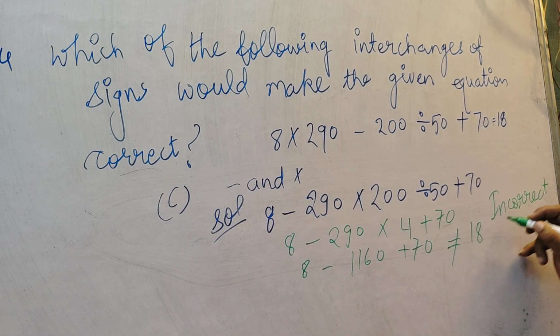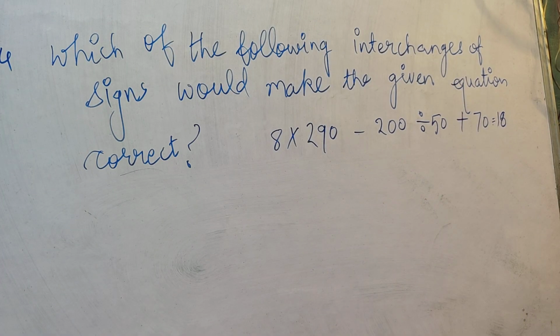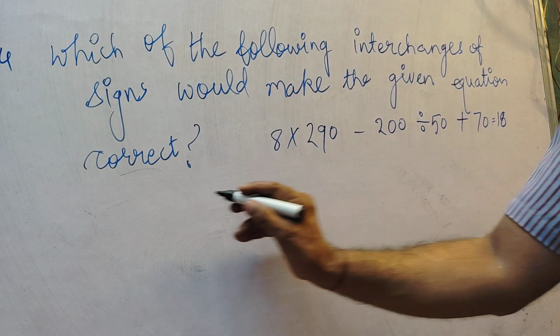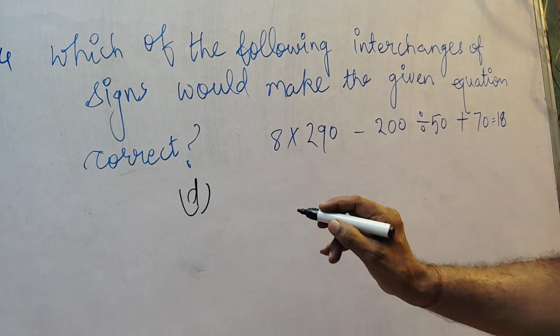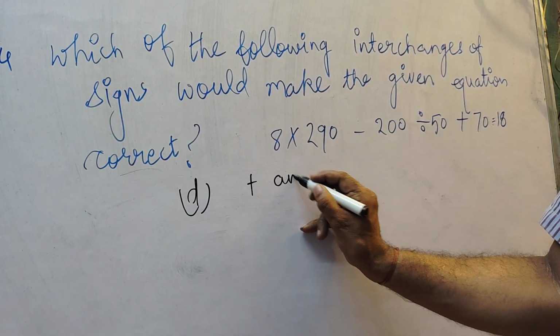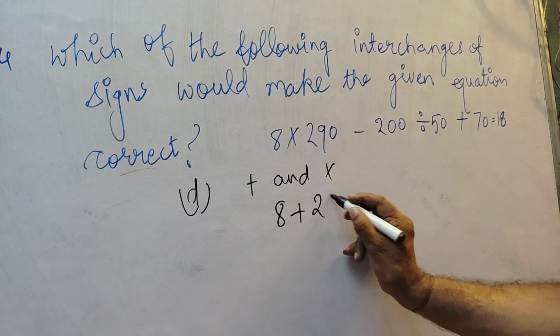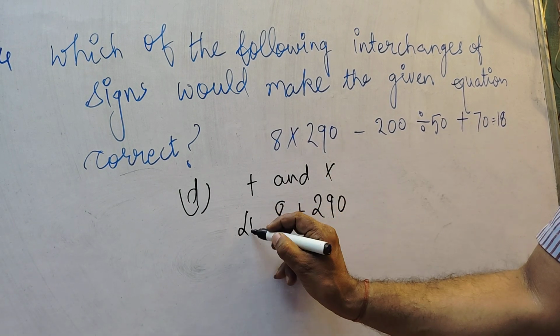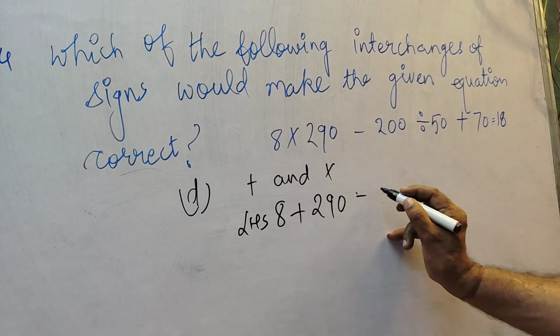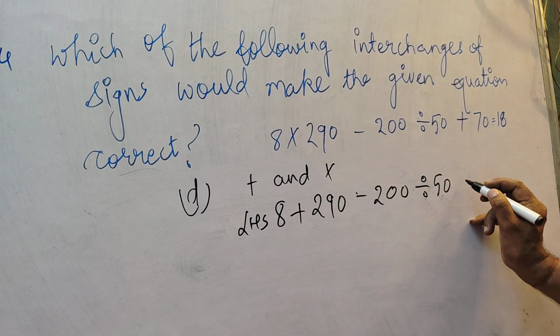So by the way, A, B, C options are incorrect, so without checking, D option should be correct. If we do not have time, then we can tick the D option, but still we can check. Plus and multiply, we can interchange. So instead of multiply we write plus, minus remains as it is, divide as it is, plus replaced with multiply.